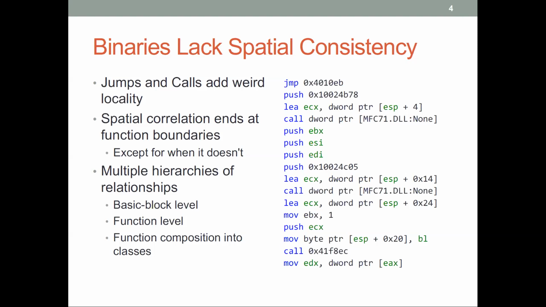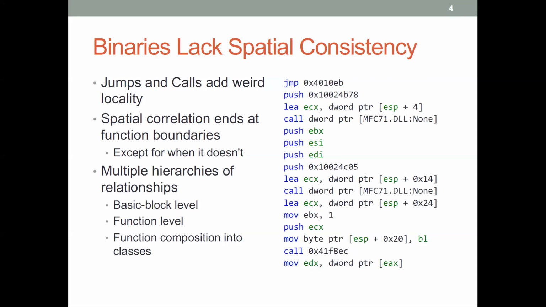And also, along the same lines, the spatial correlation ends at function boundaries, which means that if you're just looking at the code, the few lines of code within the same function define the boundaries of a spatial correlation.